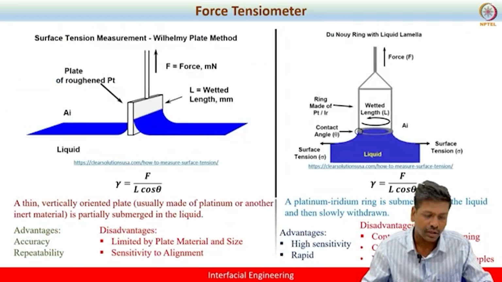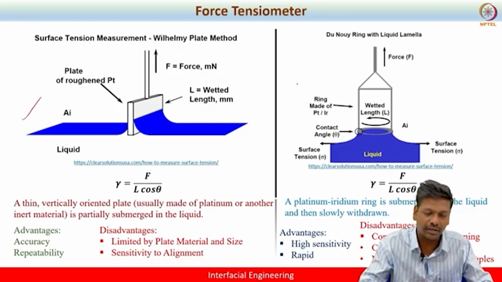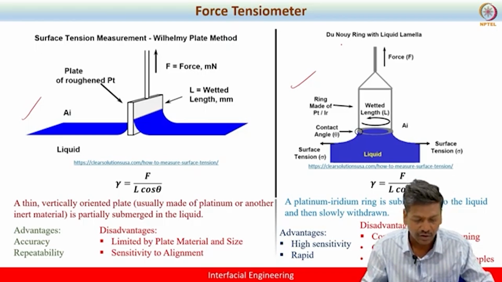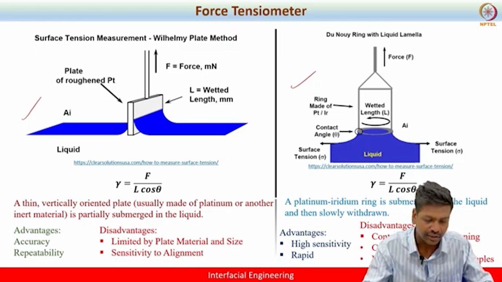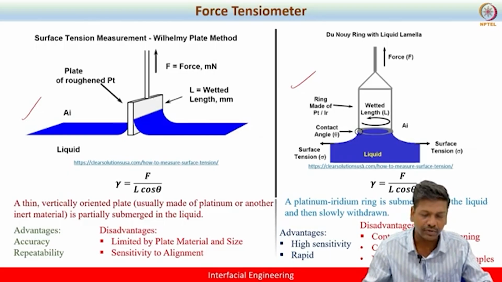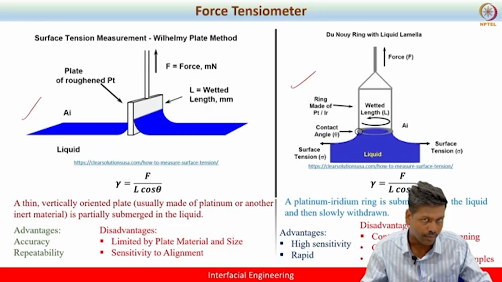The schematic of these two methods, the Wilhelmy plate method and the Du Noüy ring method, is shown here, right? As you know, the working principle of these two methods is similar. What is different is the geometry.